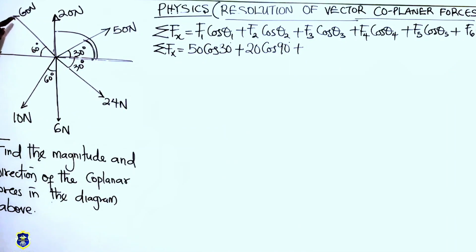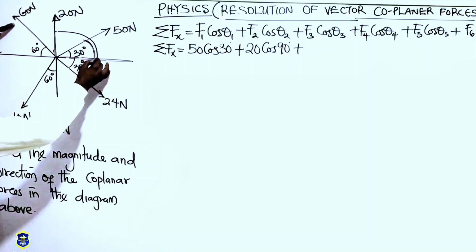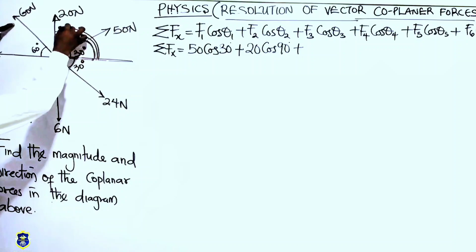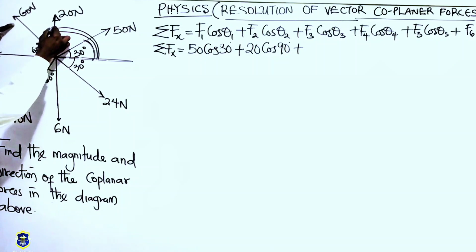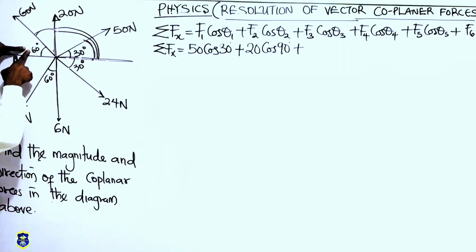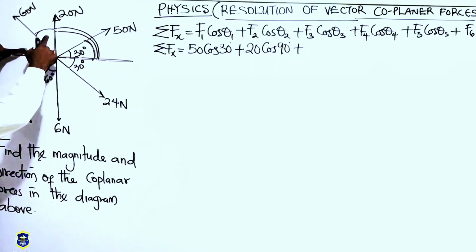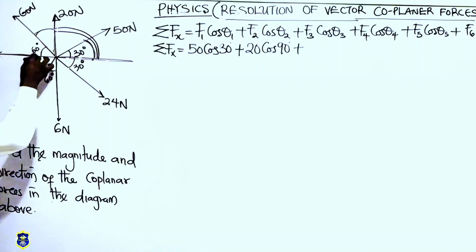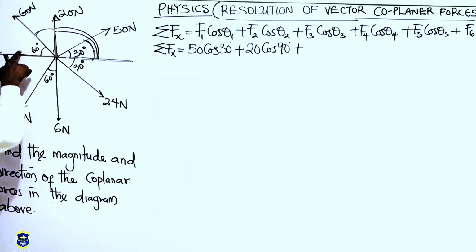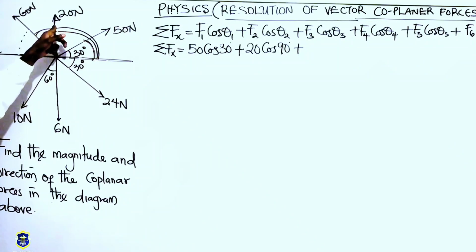Plus what is F3? This is F3, right? So this will be 0 going to 90. So we need this angle, because we already have 90. So what's this remaining angle? If here is 60, here should be 30, right? Because this is a right angle triangle. So looking at this from 0 to 90, 90 plus 30 gives us 120.